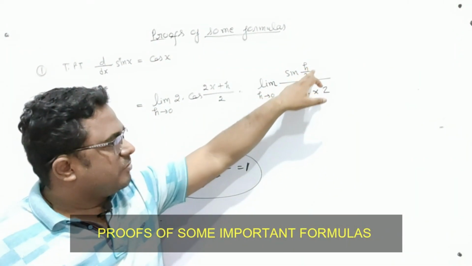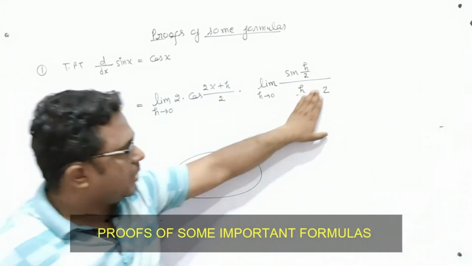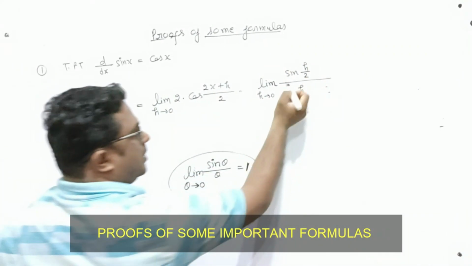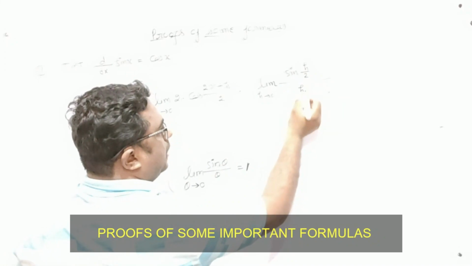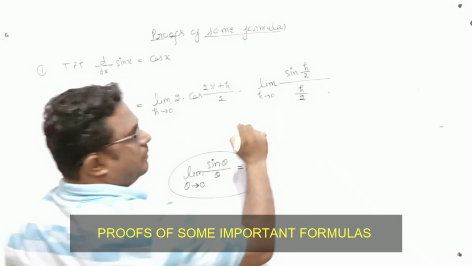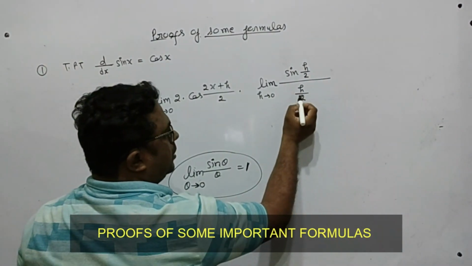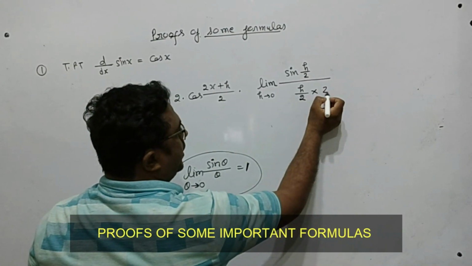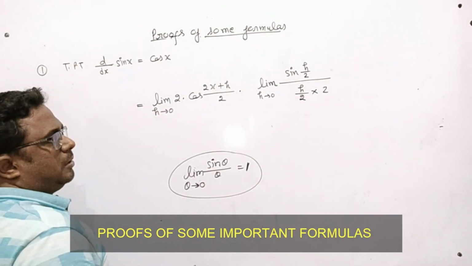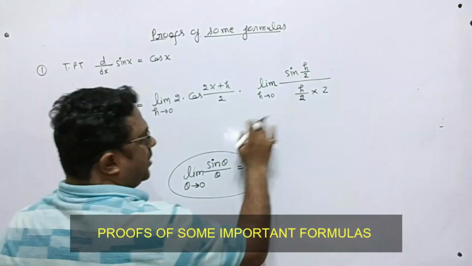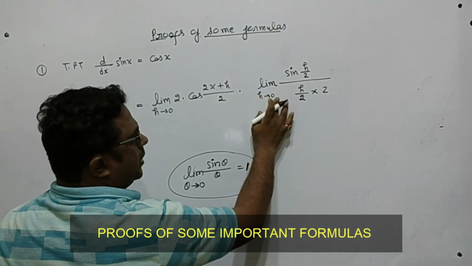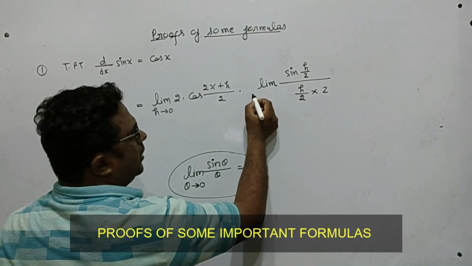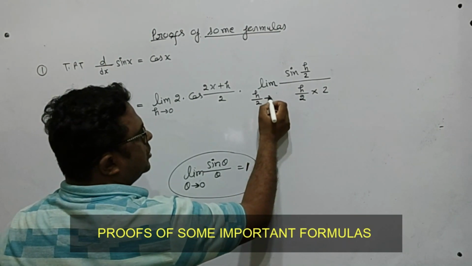So I have to make h by 2 in the divide, and to cancel this 2, I will take a 2 in multiplication. Same thing, here h tending to 0 was there and I am writing it h by 2 tending to 0.